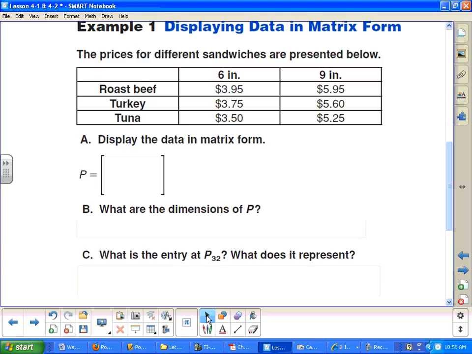Now, when you do a matrix, there are no commas. There's nothing to separate the numbers except for space. So basically you're taking this table with the numbers and you're getting rid of all the lines. That's basically what it is. So it'll look just like this. All right, all I've done is get rid of the lines.